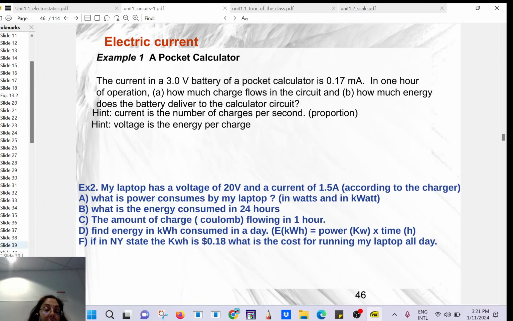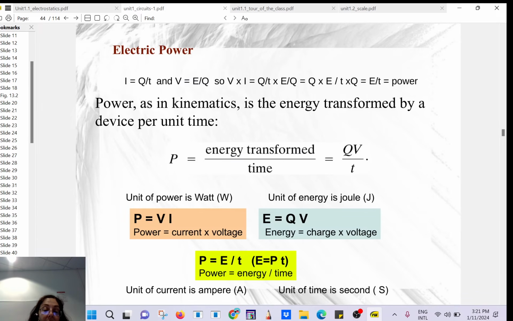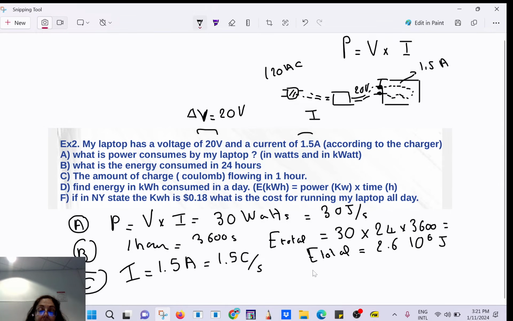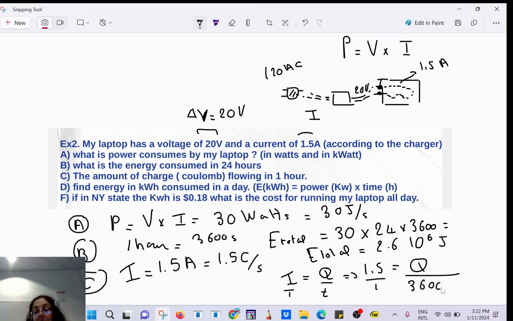Or you can go back and look at the equation: I equals Q over T. So you can use the equation I equals Q over T. You have 1.5 equals Q over 1 hour, so you can find Q.